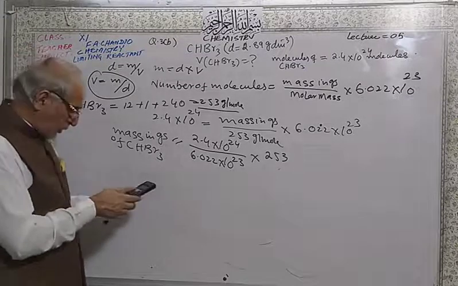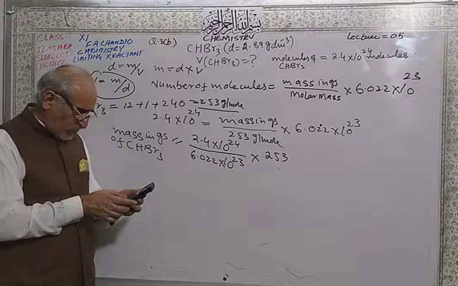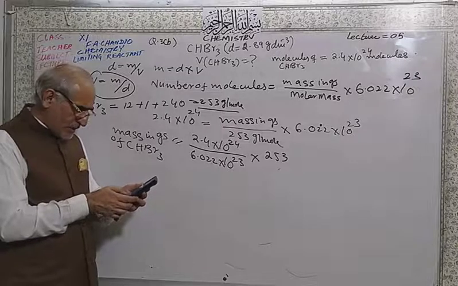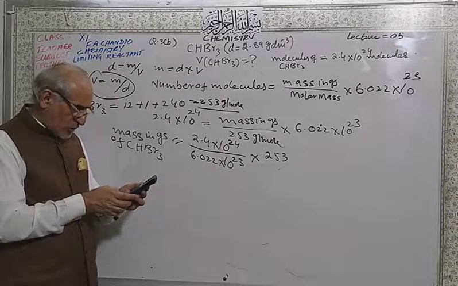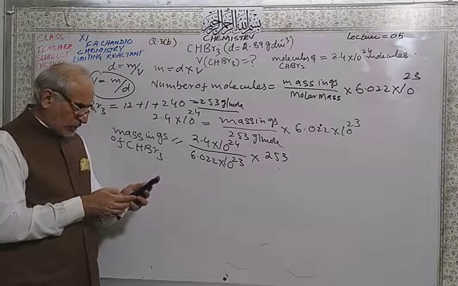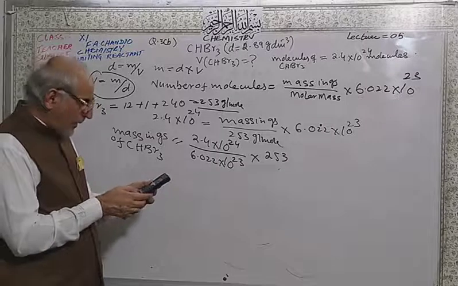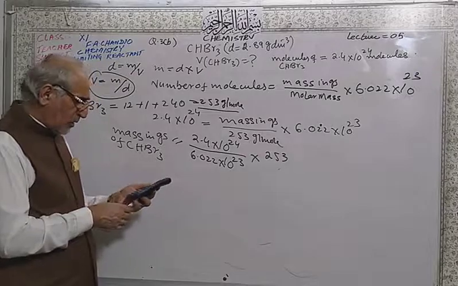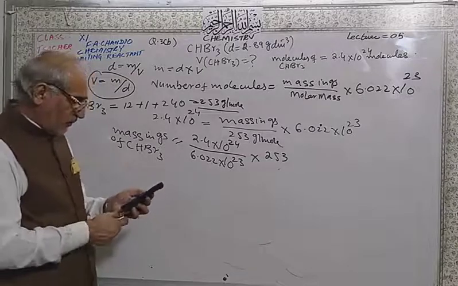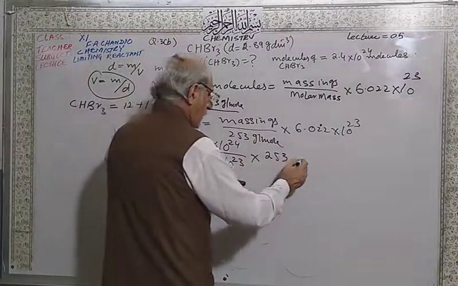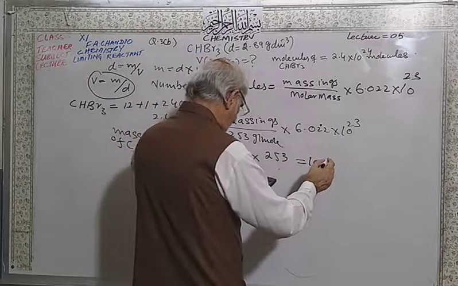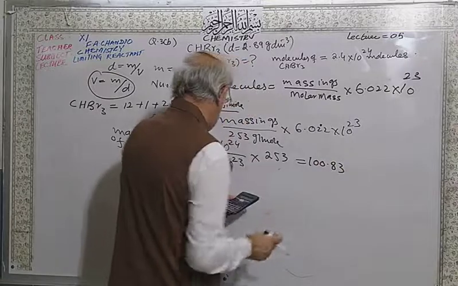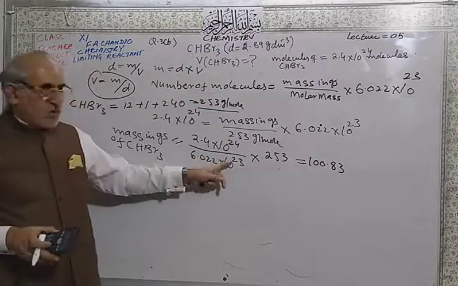This is now 2.4 divided by 6.022 multiplied by 253 is equal to 100.83.